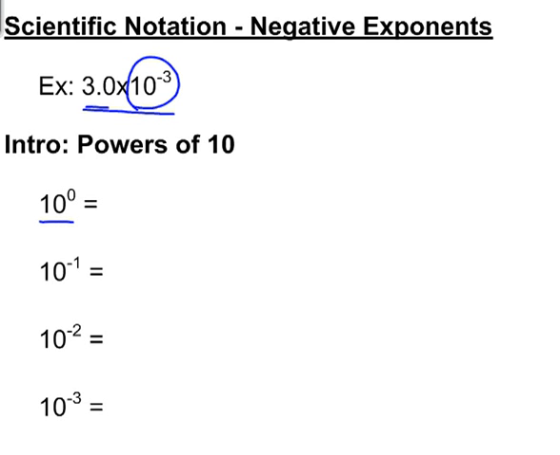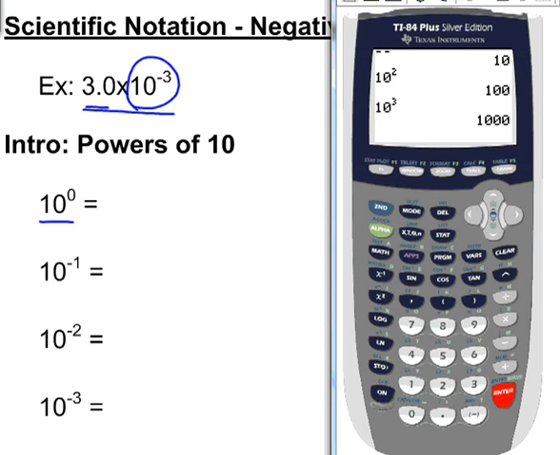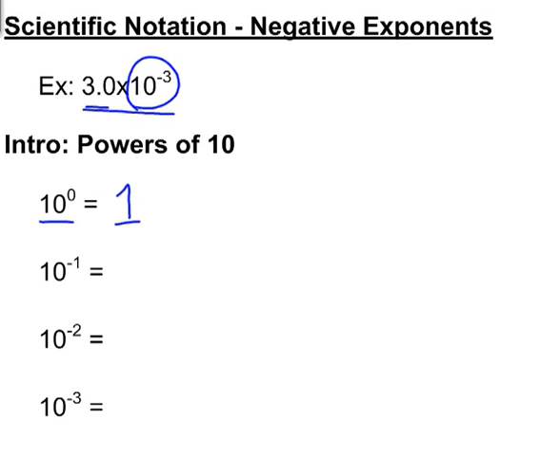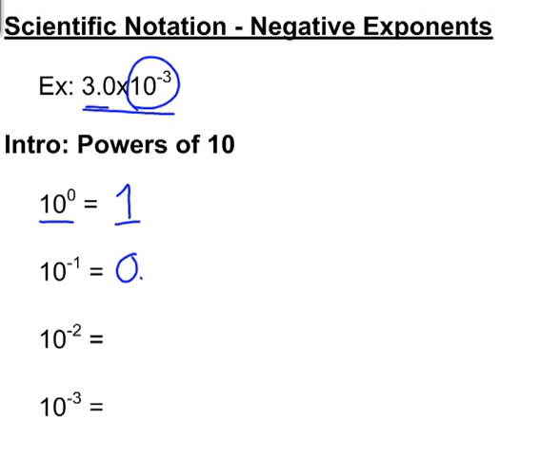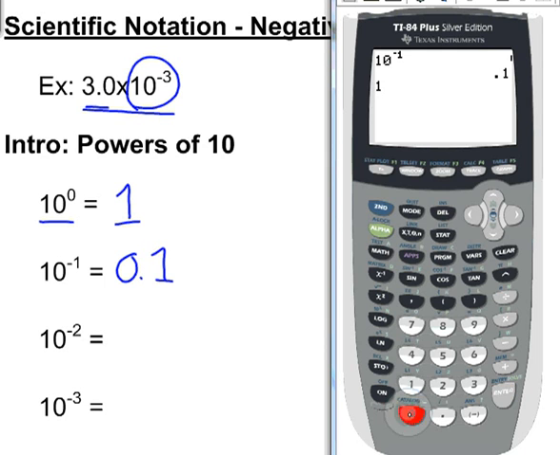We are going to start by talking about where this times 10 to the negative 3 comes from. We're going to take our calculator and type 10 to the power of 0, and that is equal to 1. 10 to the exponent of negative 1 is equal to 0.1. 10 to the exponent of negative 2 is 0.01.